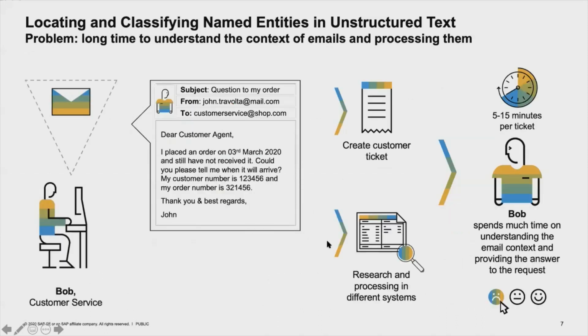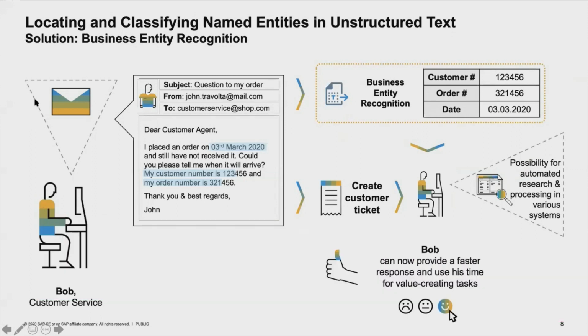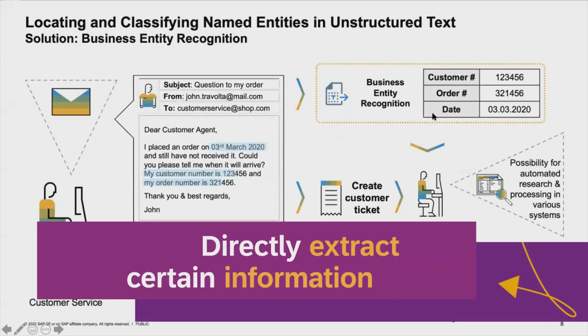This is a very simple example where a customer service agent receives emails daily regarding order inquiries or the status of an order. In this case, business entity recognition comes to the rescue. Once the customer service agent receives the email, business entity recognition would directly extract certain information.